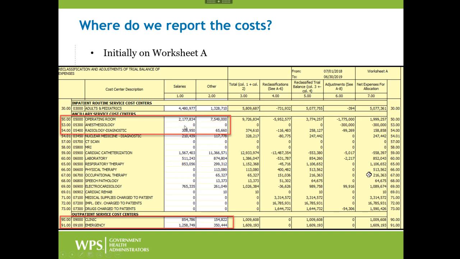Not all of these costs are going to be related to physicians. Some are related to something else, other staff or other costs in general. But whatever physician costs existed need to be a component of these costs. They should be reported within these amounts. I have highlighted a few of the cost centers that we're going to see a little bit later that report some of those.